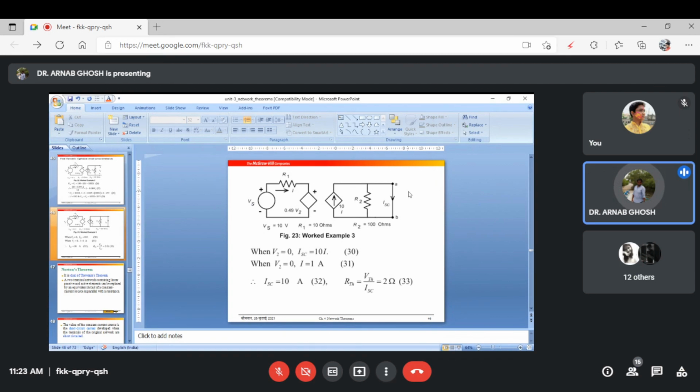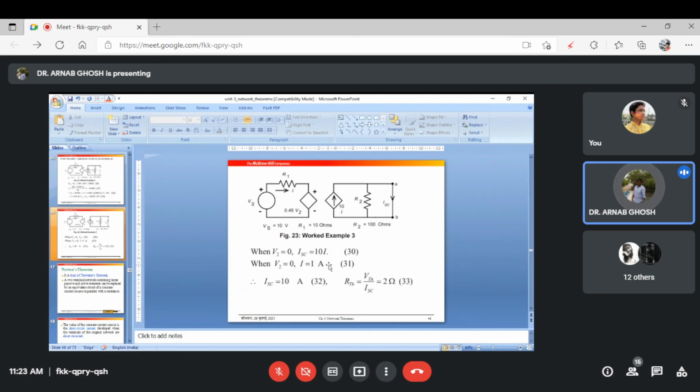So if your V2 is 0, 0.49 V2 is also equal to 0. So you are getting I as Vs minus 0.49 V2, that is Vs minus 0 by R1, that is 10 minus 0 by 10, that is I is coming out to be 1 ampere. So your ISC, which is 10I, will be equal to 10 ampere.